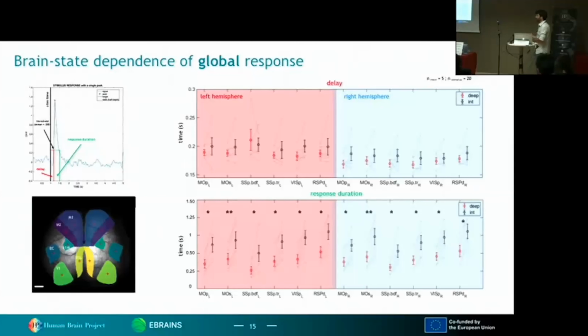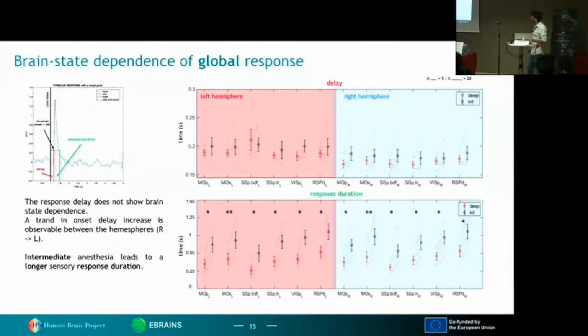Conversely, the response duration, that is the time from the first crossing of the threshold to the return to the threshold, significantly increases during intermediate anesthesia. These results could suggest that during intermediate anesthesia, the sensory evoked signal starts to be more integrated.